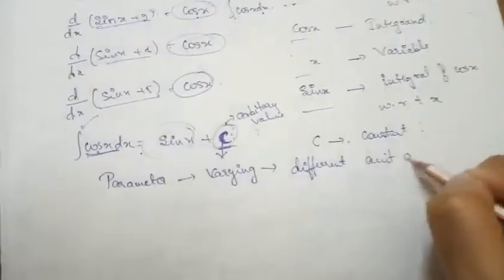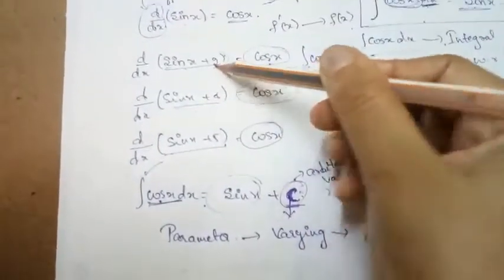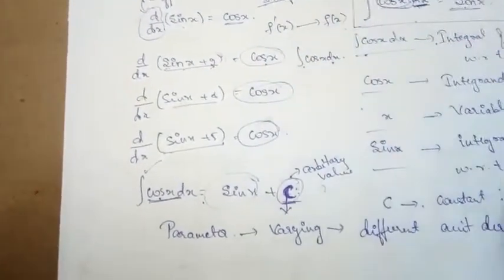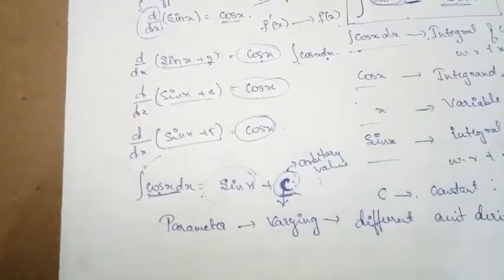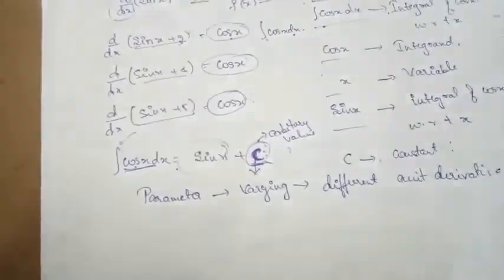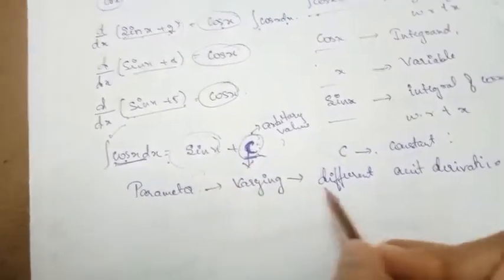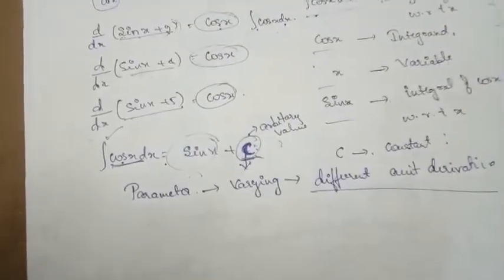It is clear because you can see here itself: when c is equal to 2 we get one value, when c is equal to 4 we get a different antiderivative, and when c is equal to 5 we get a different antiderivative. So if the parameter c is varying, we are going to get different antiderivatives.